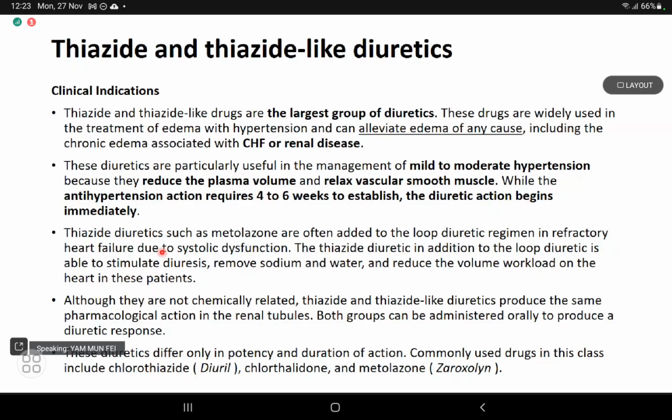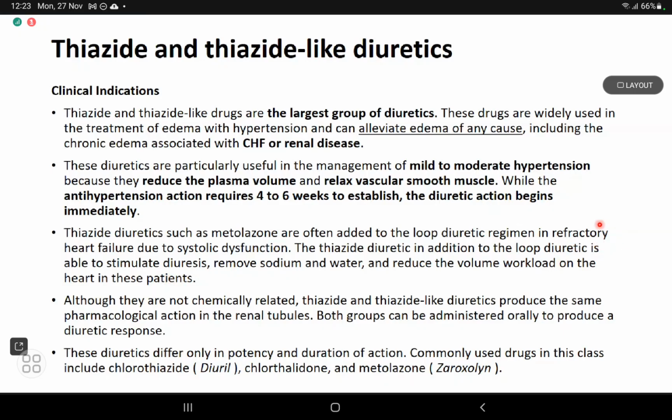Okay. So thiazide diuretics such as metolazone are normally added to a loop diuretic regimen for heart failure, systolic dysfunction. Because of their mechanism of action, that's why they normally use the two diuretics together, to reduce the refractory reactions.